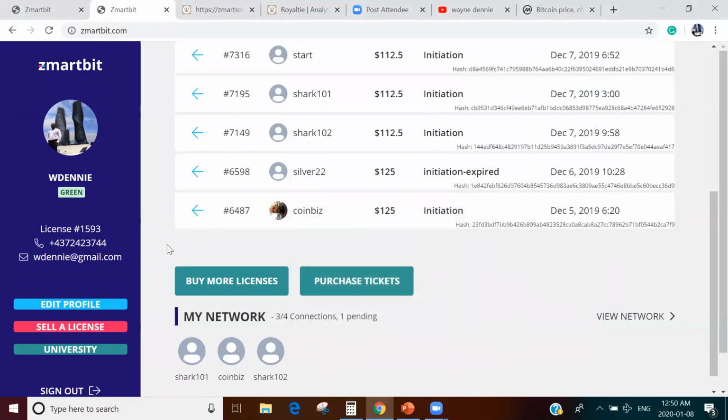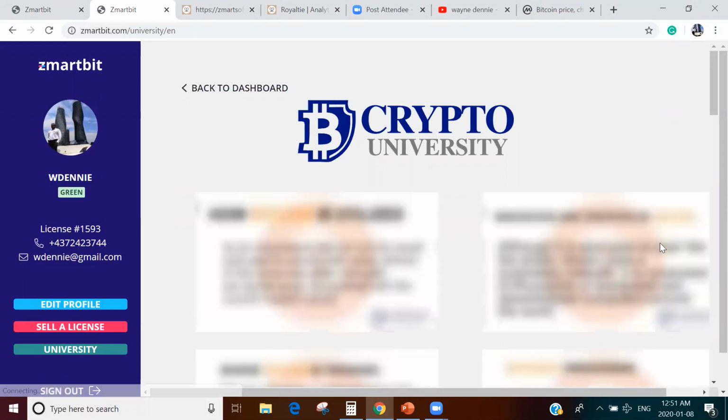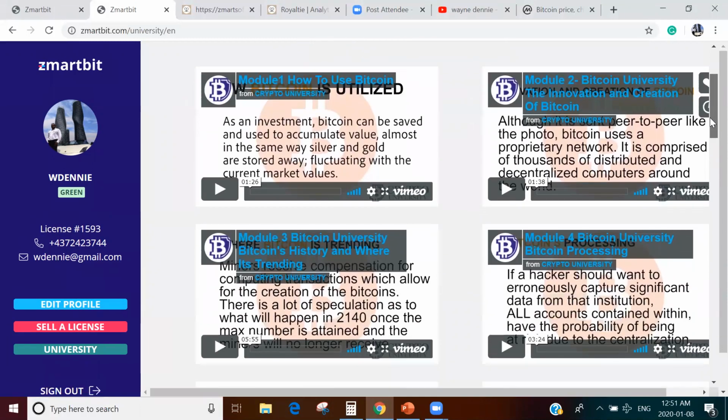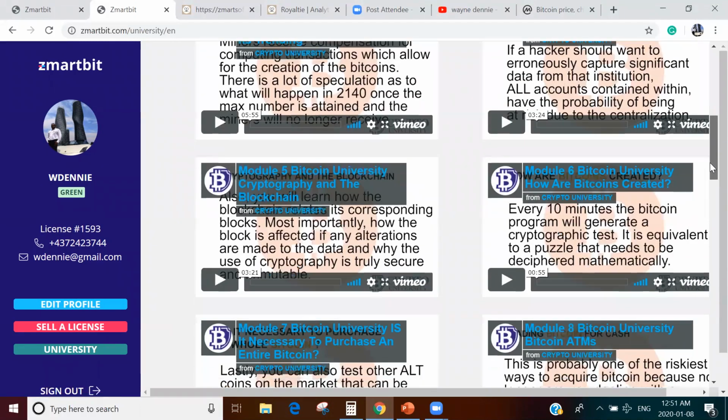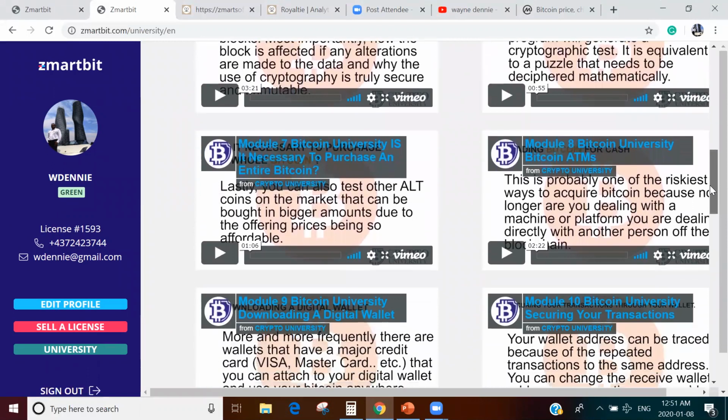Now, what do you get apart from the license and this beautiful system? Well, you get an education, and the education will come in many languages. Currently, we have English and Spanish, and this is education on Bitcoin. We call it a crypto university, and it tells you, for example, how to use Bitcoin. It covers many modules in what we call our Bitcoin University, such as how a Bitcoin is created.